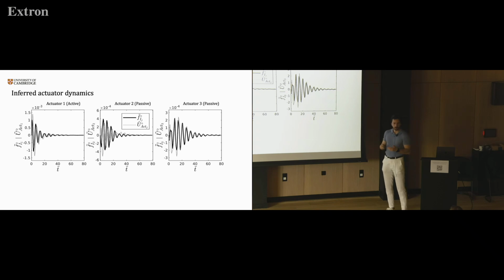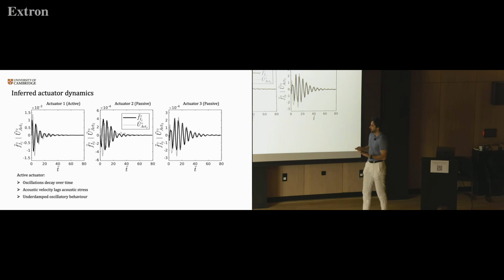Apart from this, we can now show the inferred parameters that we found during the optimization problem. If we look at the jump in total stress and acoustic velocity at the active actuator, we see that the actuator is behaving like an underdamped oscillator.